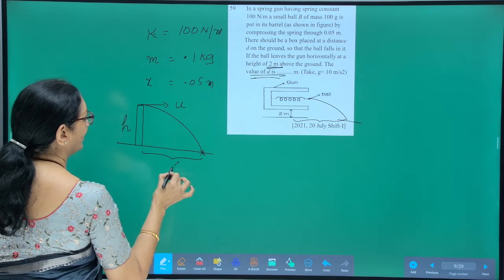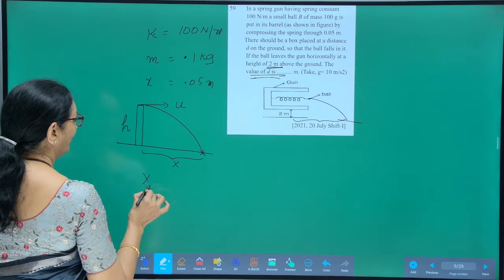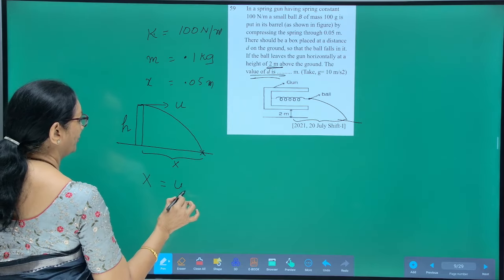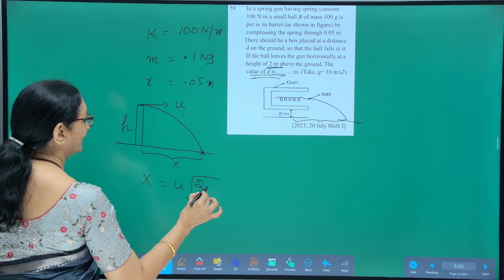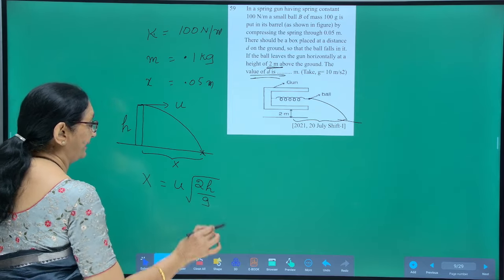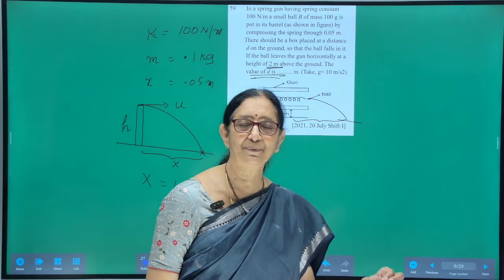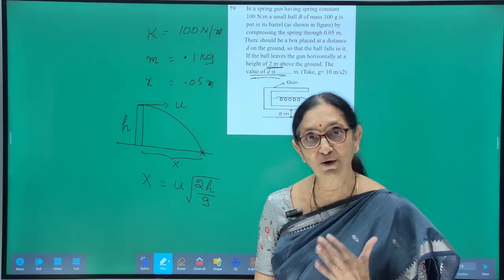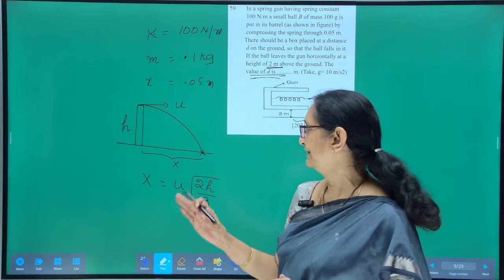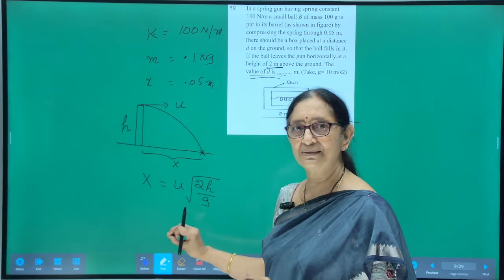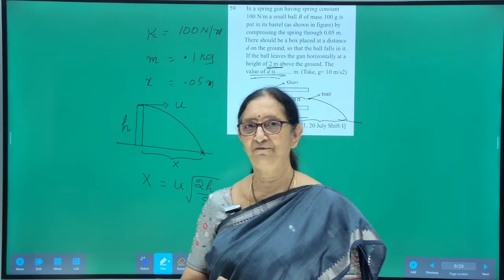If the horizontal displacement is x, we know x is equal to ut, where t is equal to square root of 2h by g. We have done so many problems based on this topic, and in previous JEE there are so many problems exclusively on that formula.